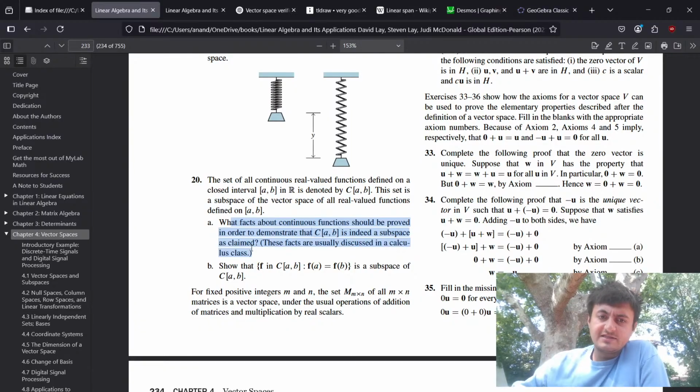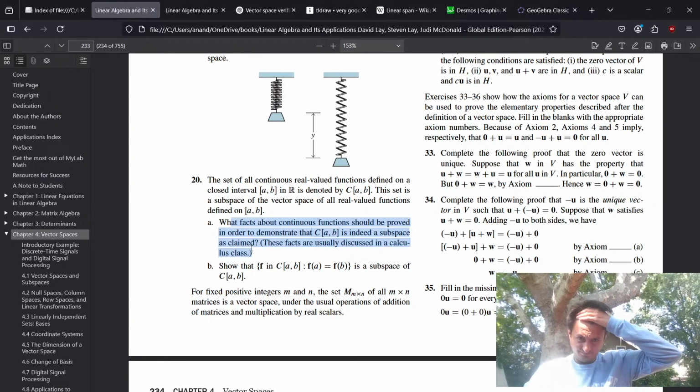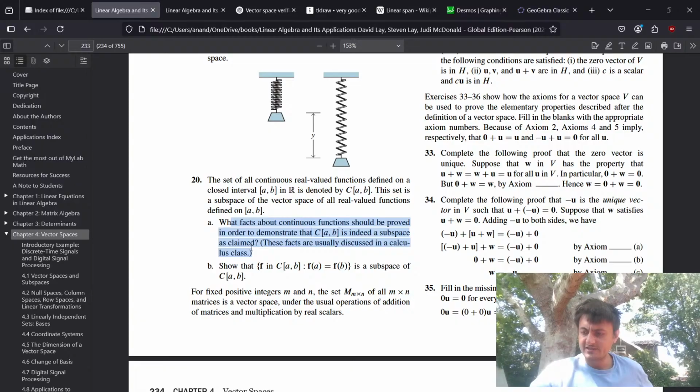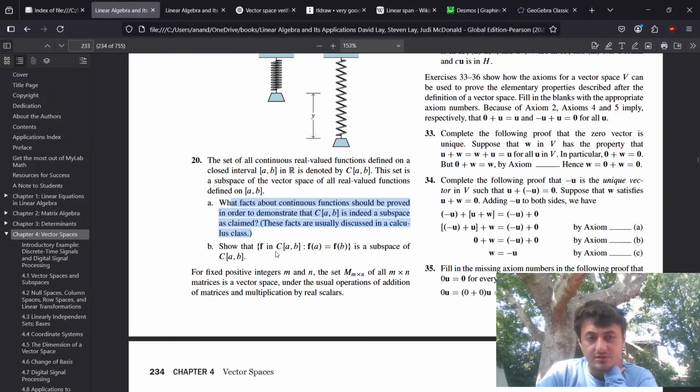So my guess is we need closure under the operations. And we also need that f of x equal to 0 is continuous. Which, I mean, of course it is, but, you know.